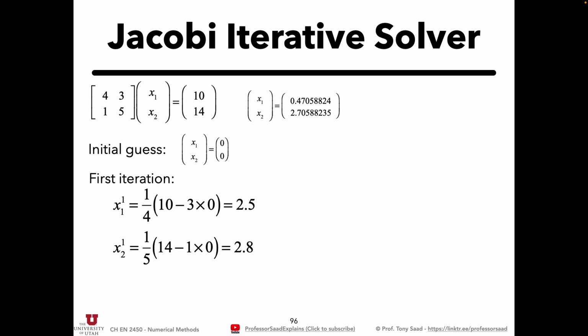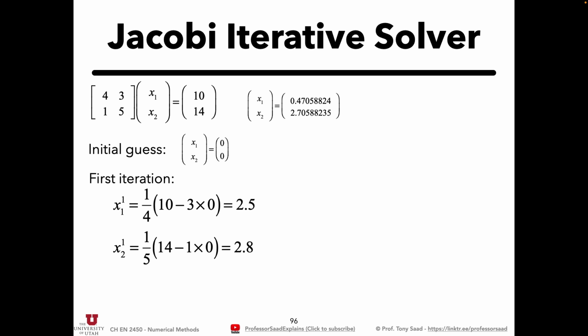So it gives you 2.5. Oh, look, we started with x1 equals 0. Now the new value of x1 is 2.5. For x2, we started with a value of 0. The new value of x2 is 2.8. So it changed. Now you take 2.5 and 2.8, treat those as your new initial guesses, and you repeat.